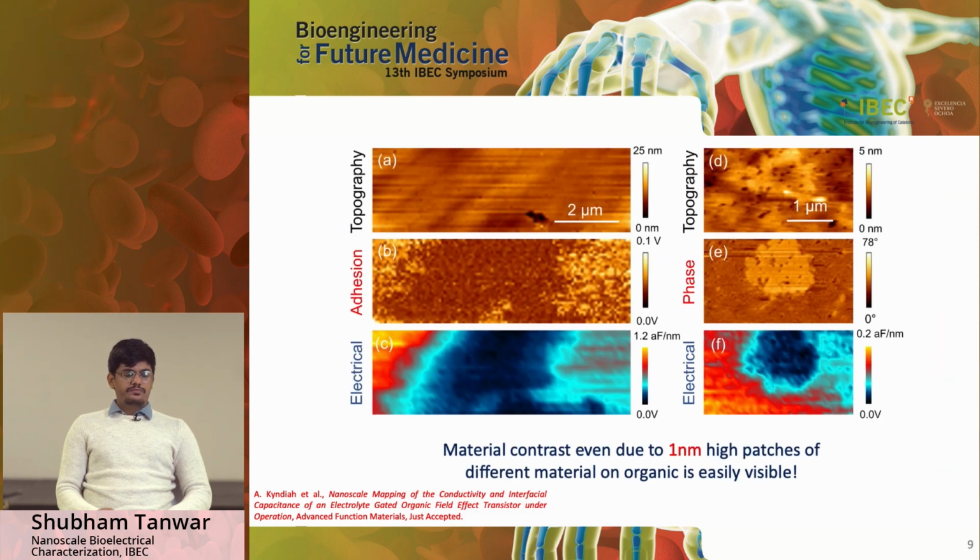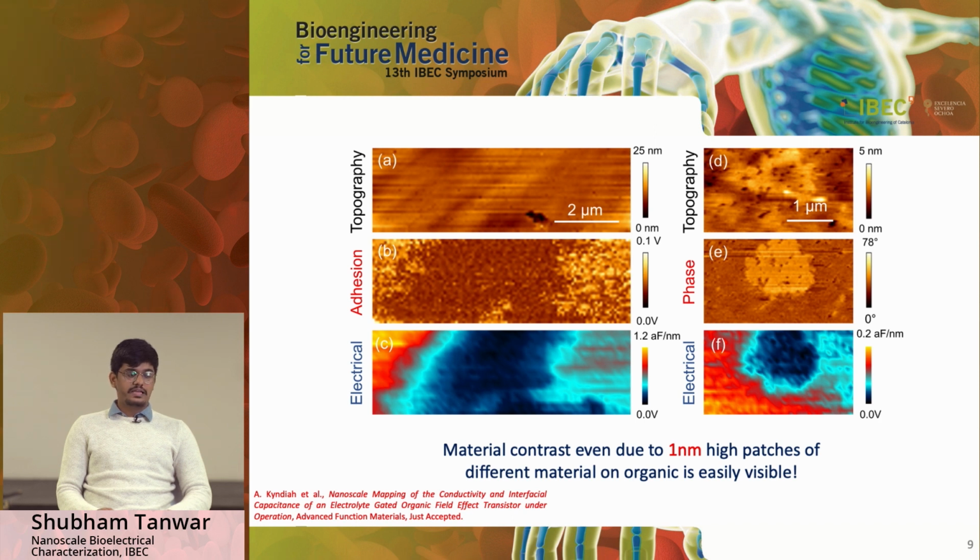If we want to further examine these heterogeneities, we have taken a closer look at what happens in the very channel. Here you can see in the topography we cannot see much, but in adhesion and phase we can see structures, we can see heterogeneity, and it tells us that there are heterogeneous materials and different phases within the semiconductor.